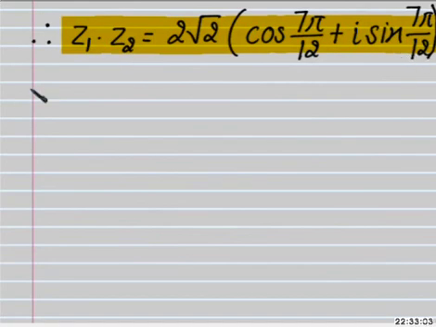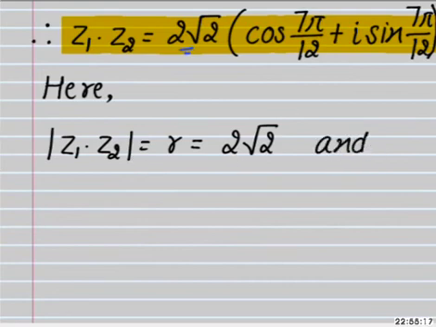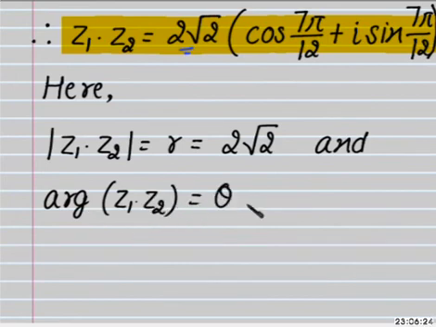So here modulus of Z1 into Z2, that is R, is equal to 2 into square root 2 and its argument, that is argument of Z1 into Z2, that is equal to theta, is 7 pi by 12, that is equal to 105 degrees.